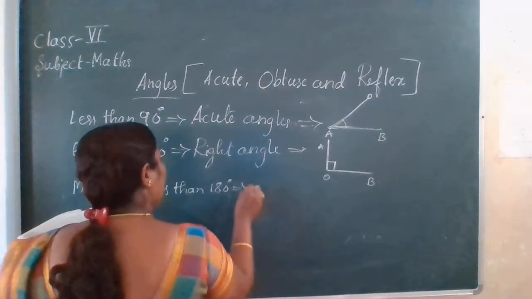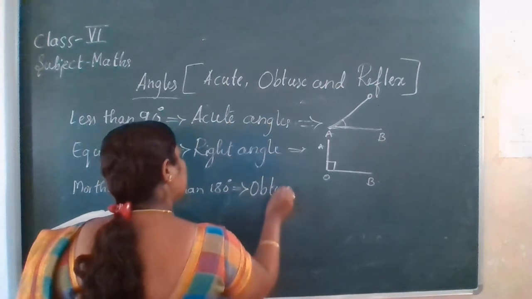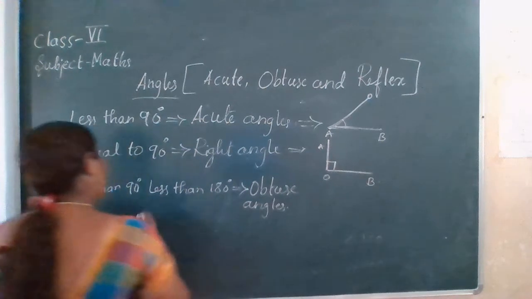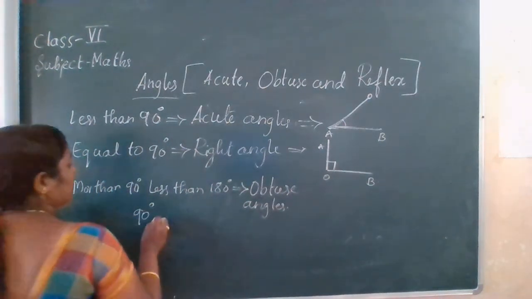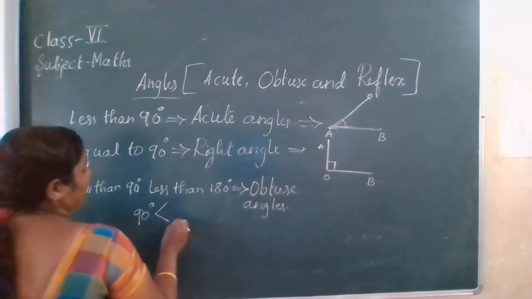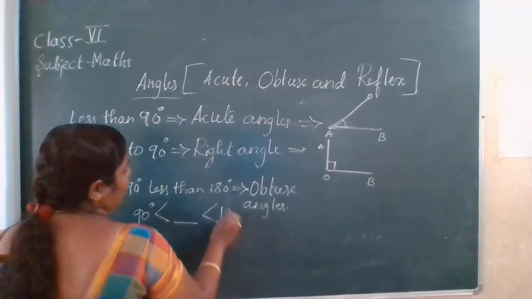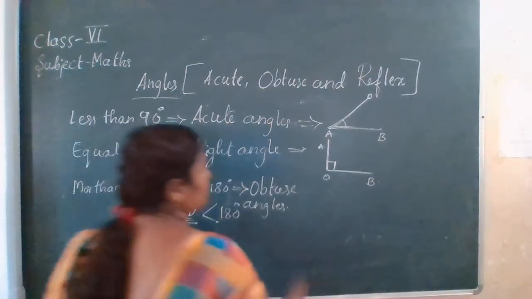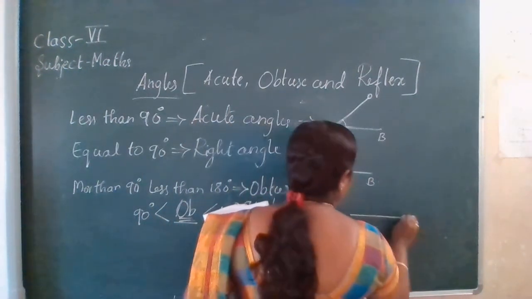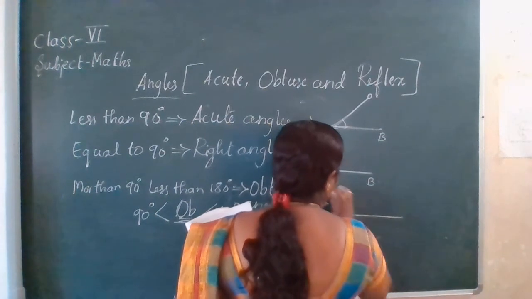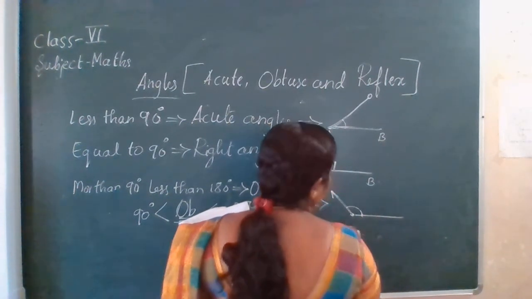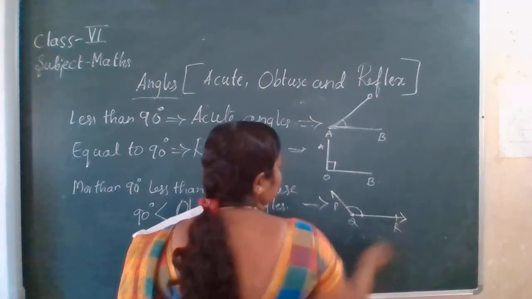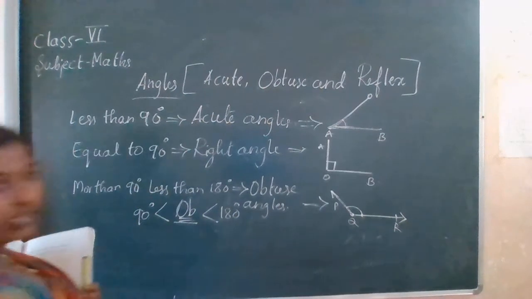are called obtuse angles. More than 90 degrees and less than 180 degrees. Here are the obtuse angles. P, Q, R. See here, this is an obtuse angle.